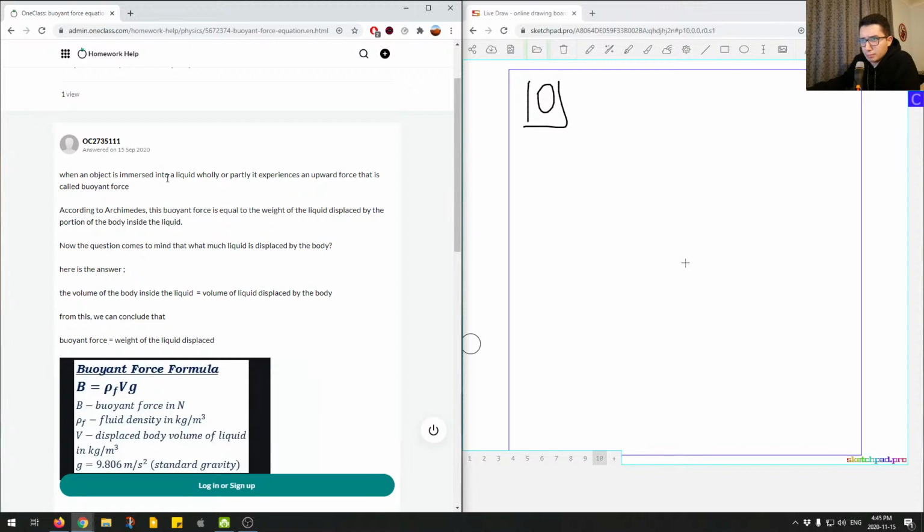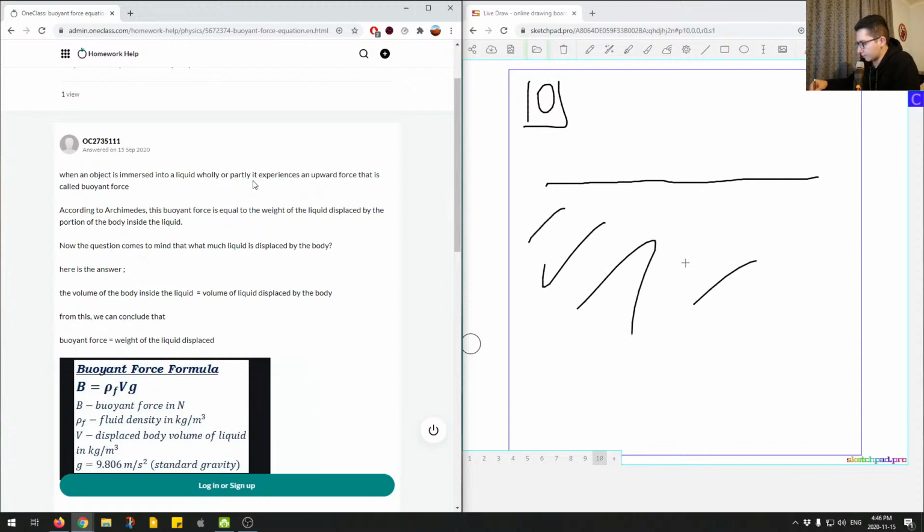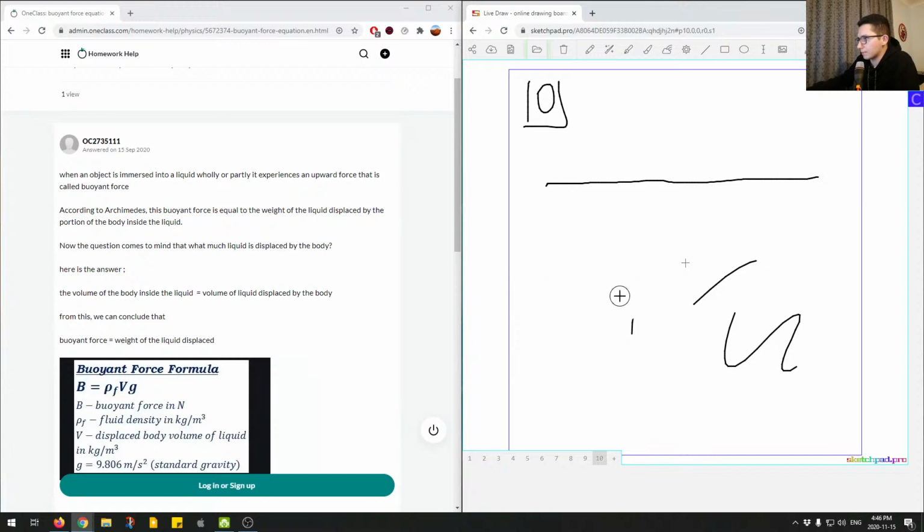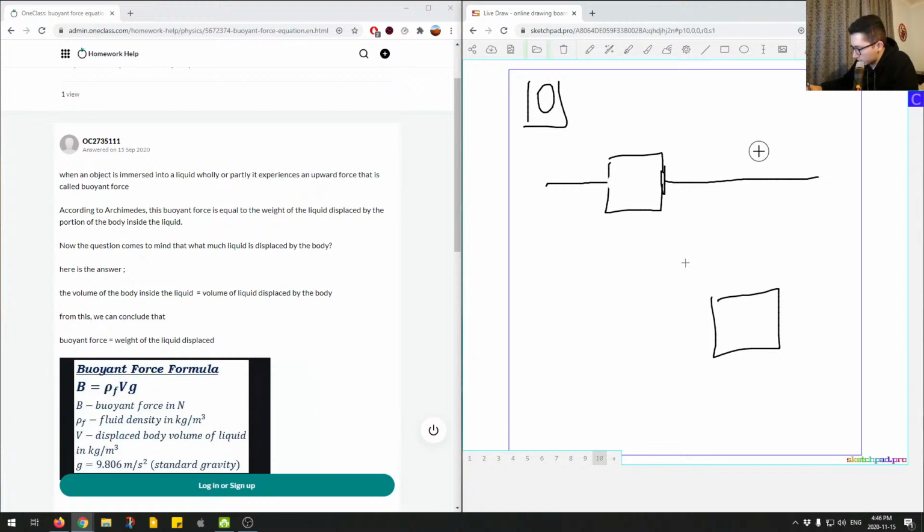When an object is immersed into a liquid wholly or partly, so let's say we have the liquid down here. I'll actually erase this. We have some object either down here, fully immersed, or partly immersed, and we'll have a buoyant force.